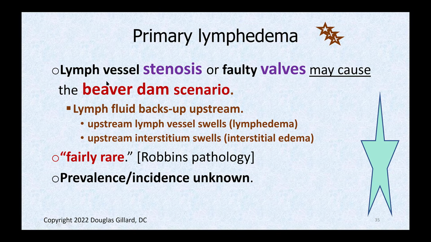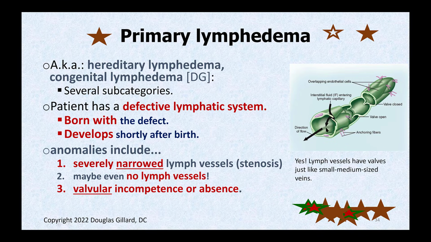Let's see. Yep, so faulty valves or stenosis, of course, cause the beaver dam scenario, and you get lymphedema upstream. Remember upstream. The direction of flow is going that way. It's kind of weird, I'd rather have it going to the head, but if the flow of lymph is this way, the beaver dam occurs here.